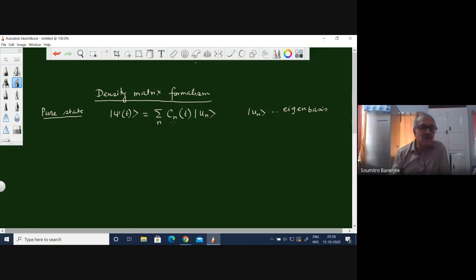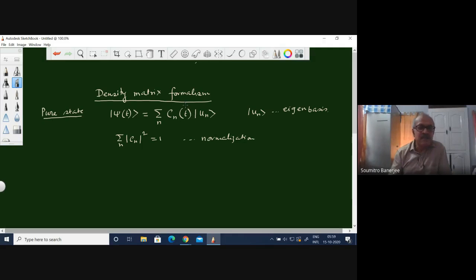So the state can be written in this form. That is something you know, and the coefficients should satisfy the requirement that the sum over n of mod Cn square should be equal to 1. This is the normalization requirement. And the probability of seeing a particular energy value will depend on the value of mod Cn square.